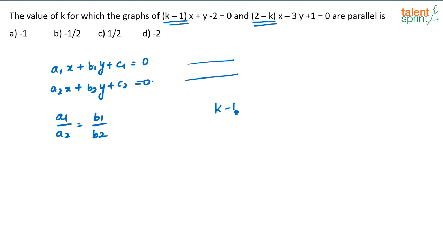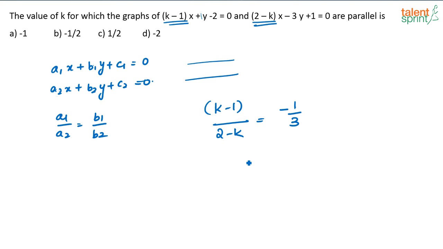So you have k minus 1 divided by 2 minus k, which will be equal to minus 1 by 3, correct. Here you have plus 1, here you have minus 3. So B1 by B2 becomes minus 1 by 3. Solve for the value of k. What is k?